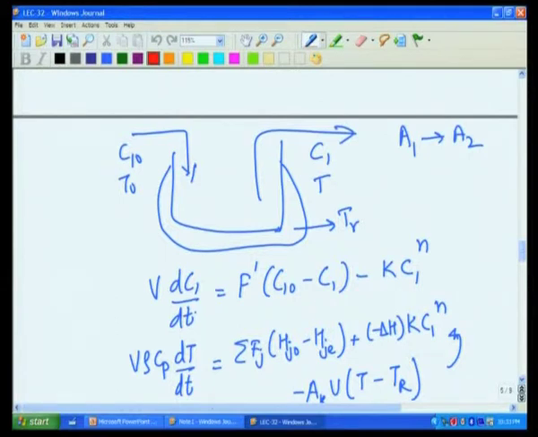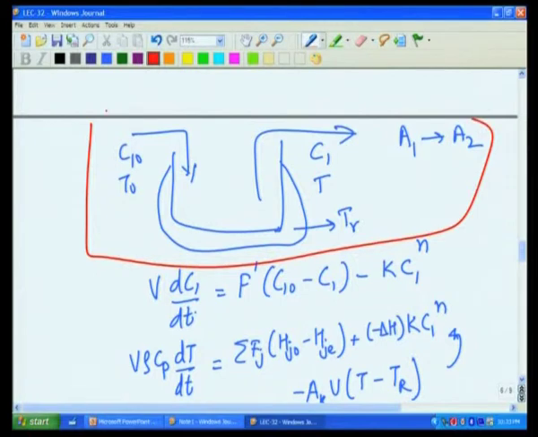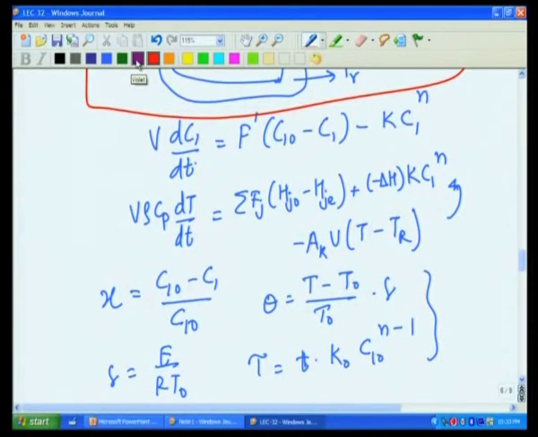So, from our last session, we know that this is my CSTR operation for which mass balance equations and energy balance equations are given in this particular manner. Okay.